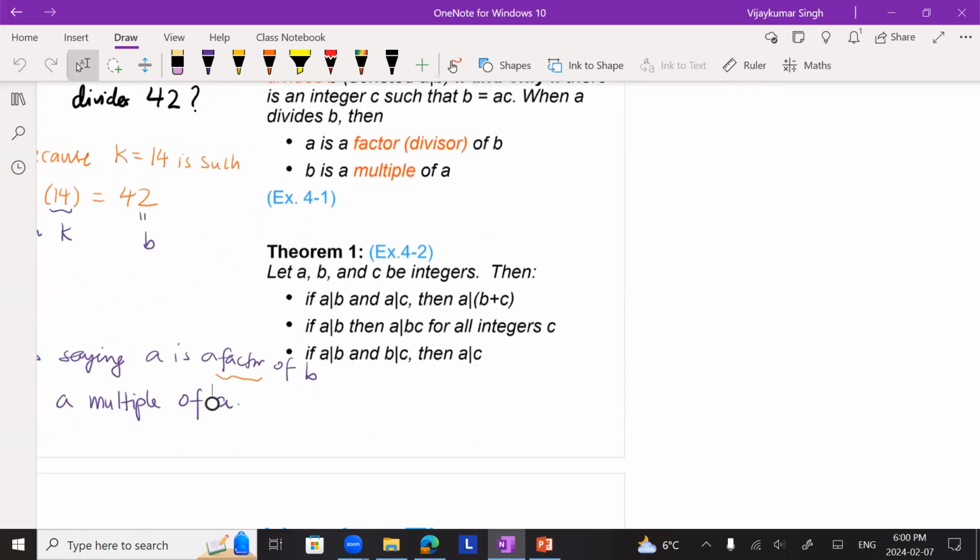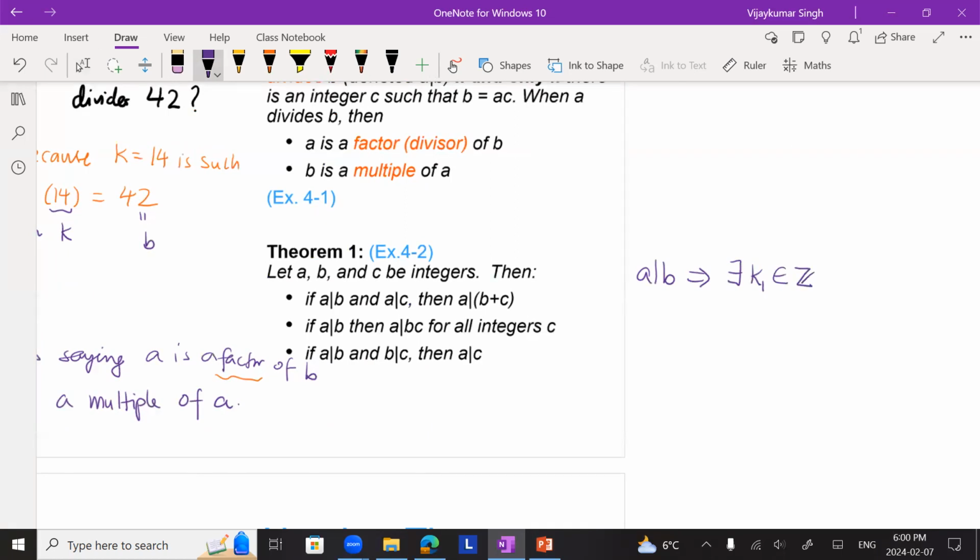Problem 1. So let's prove this. A divides B and A divides C. Then what? A divides B plus C. So how do we prove it? Now, A divides B implies what? There exists K, I'm going to use K1, an integer.